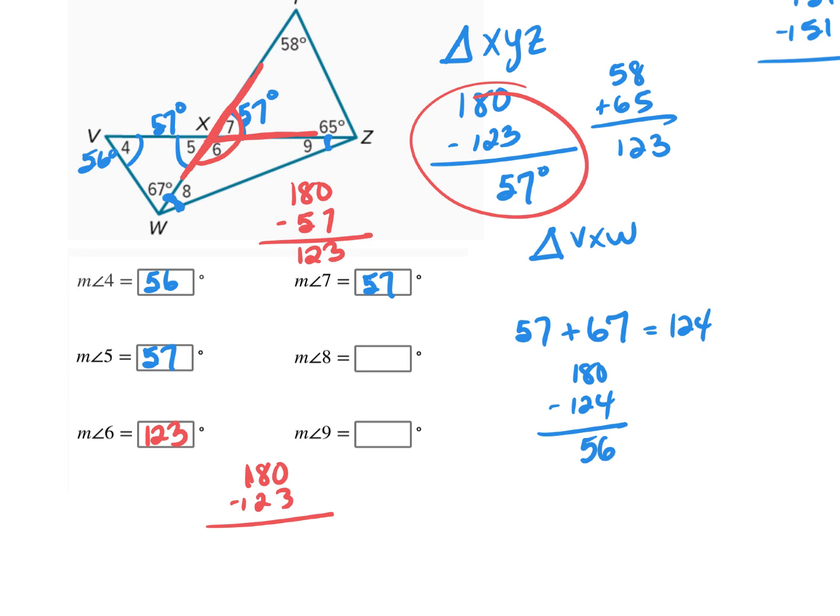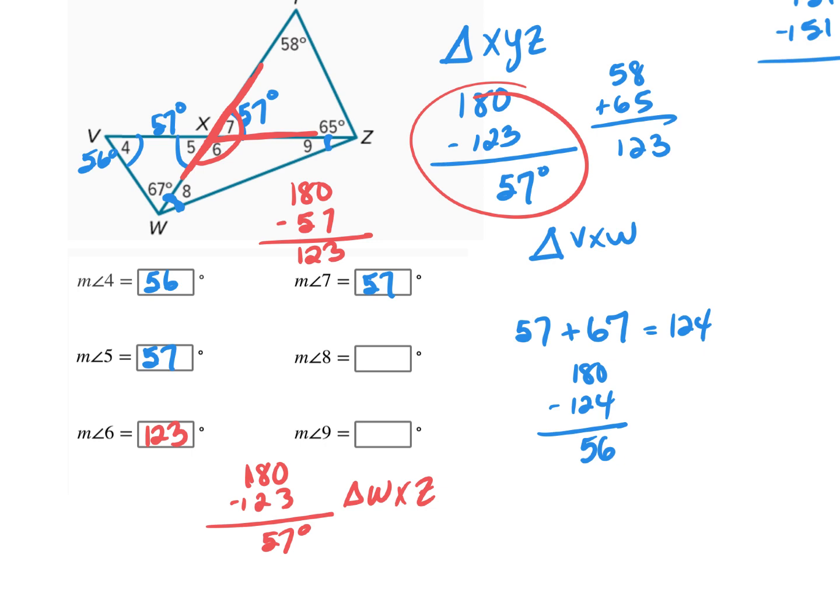So I know that there are 57 degrees remaining in this triangle of WXZ. Okay, so if angle 6 is 123, that leaves only 57 degrees left to distribute between both angles 8 and 9 because they're both the same measurement.